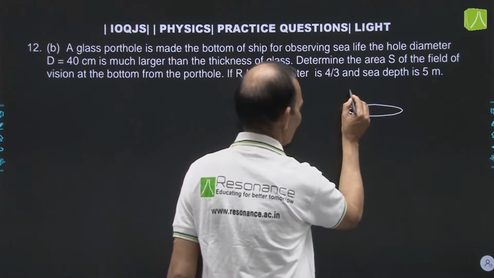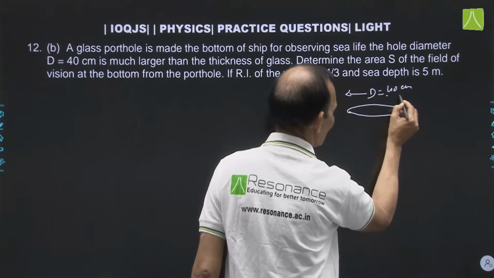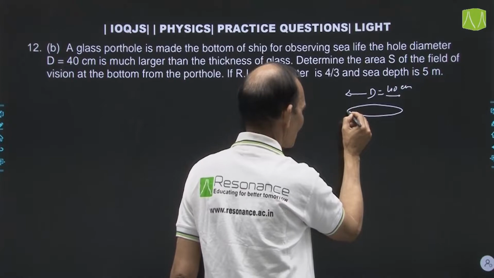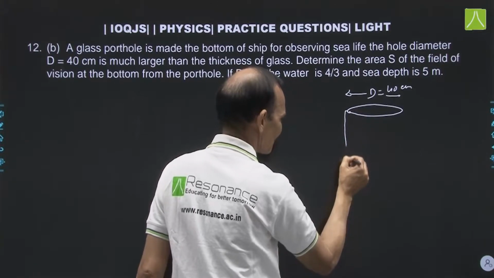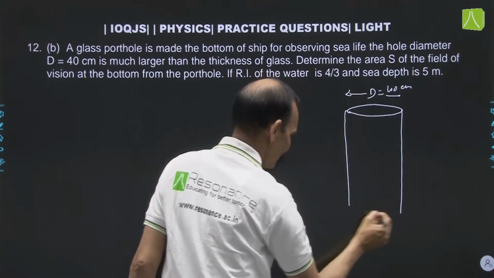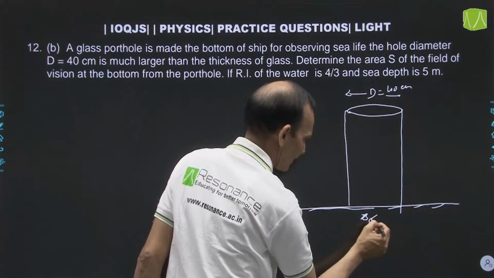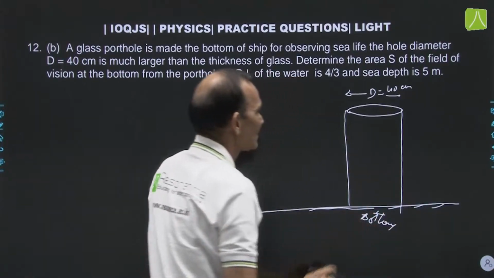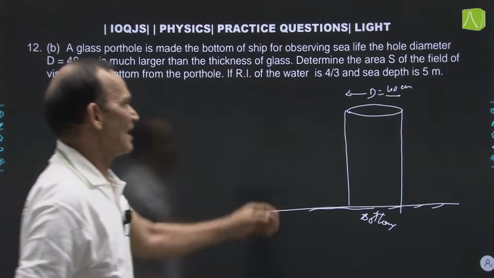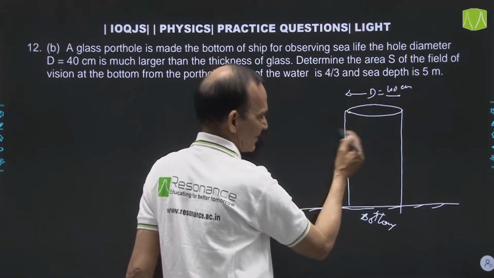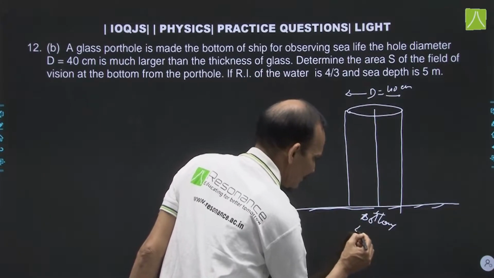Its diameter is given, d is equal to 40 cm, up to here. Now the important question: this glass porthole is in the bottom of the ship. From here we want to look, and below is water, just water. So if I take this portion, we can say it will be d by 2.